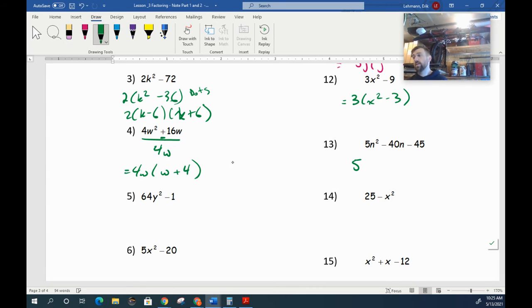Factoring out a 5. N squared minus 8n minus 9. Now I've got two numbers that multiply to -9 and add to -8, -9 and -1.